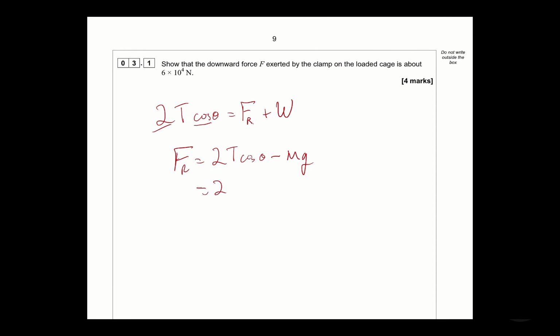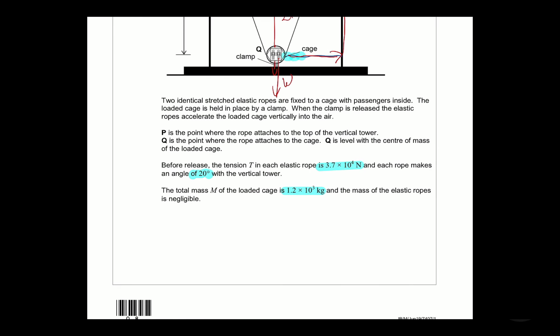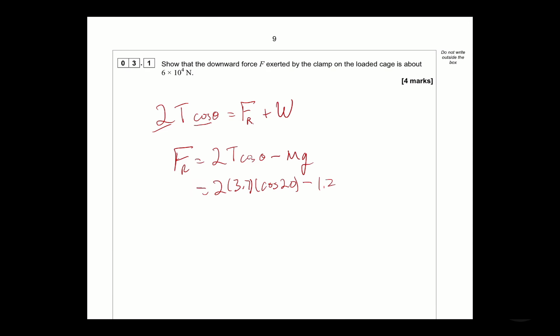So 2 times 3.7 times 10 to the 4 times cosine of 20 minus 1.2 times 10 to the 3 times 9.81.